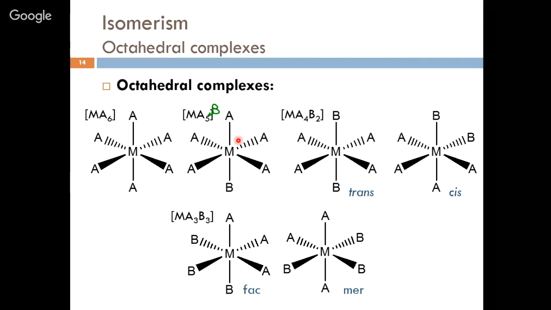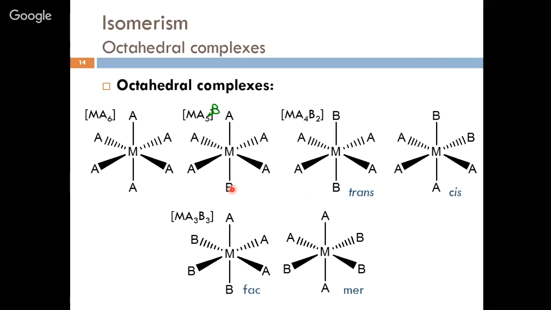In octahedral complexes, we have a possibility where all 6 ligands are the same. That doesn't have any isomers. We have a possibility where 5 ligands are the same and 1 other ligand. And while there aren't any isomers, there are different positions. So you can have reactions that might move them around, for example.